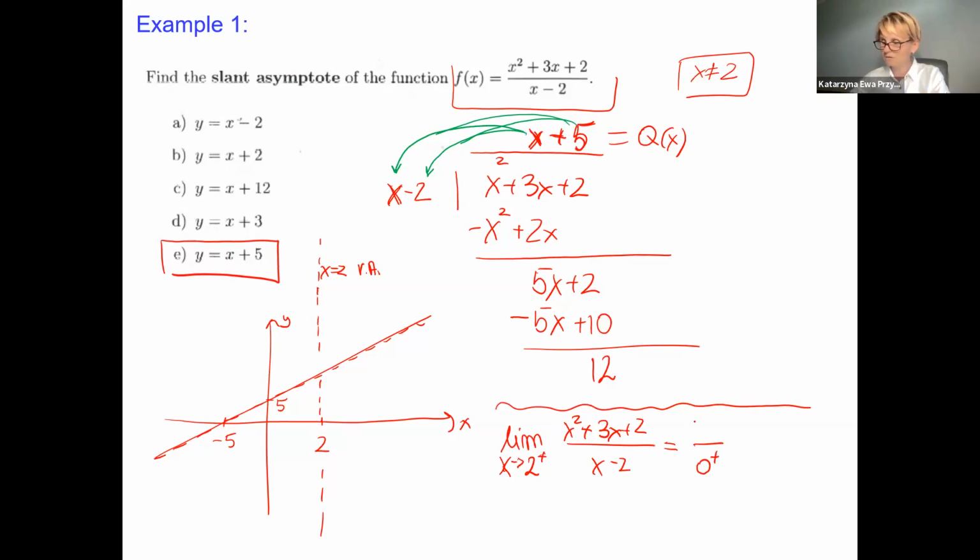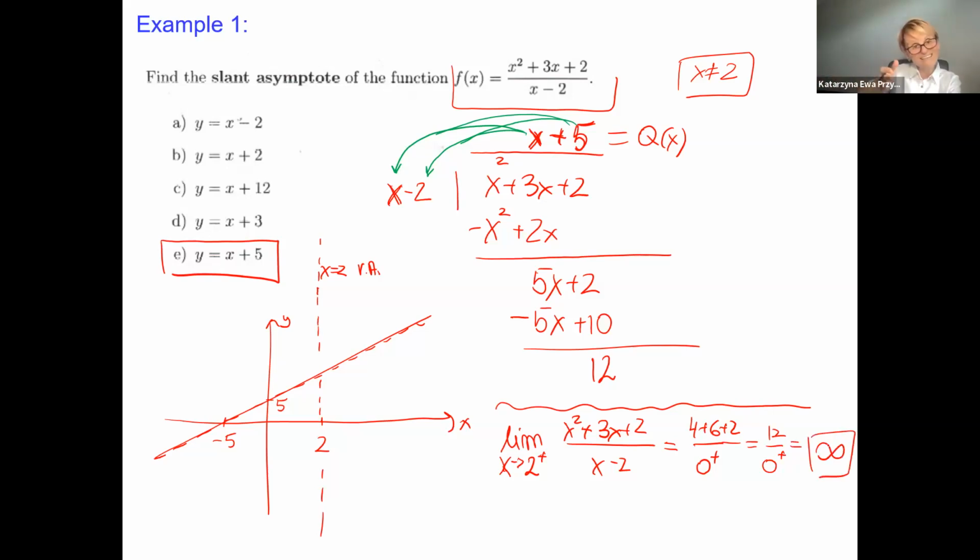Okay, do we have 0 over 0? If we have 0 over 0, we have to find a common factor, cancel out, and then we will have a finite number, most likely. And then it will be removable discontinuity, not asymptote. But I don't think we have 0 on the top. We have 4 plus 6 plus 2, 12. A number over a small number is a big number.